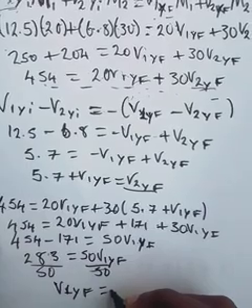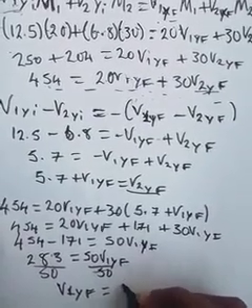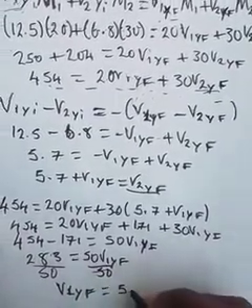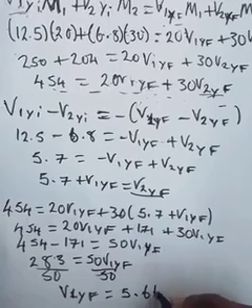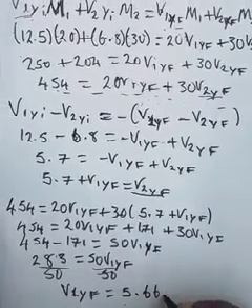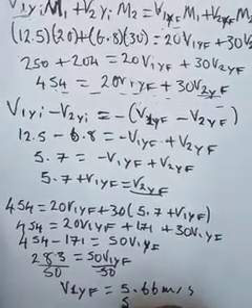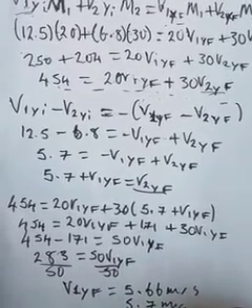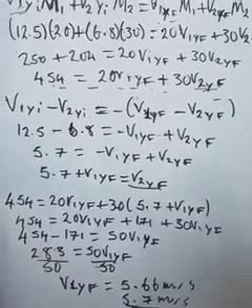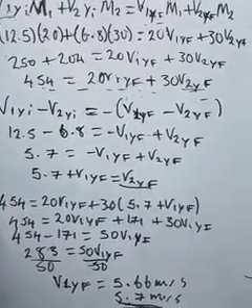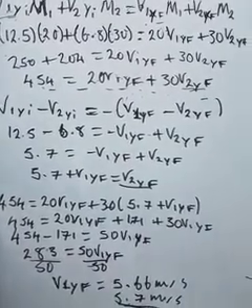I'm getting 5.66. If you want, you can say 5.7. So I've just found the final velocity in the y-axis for the first object.